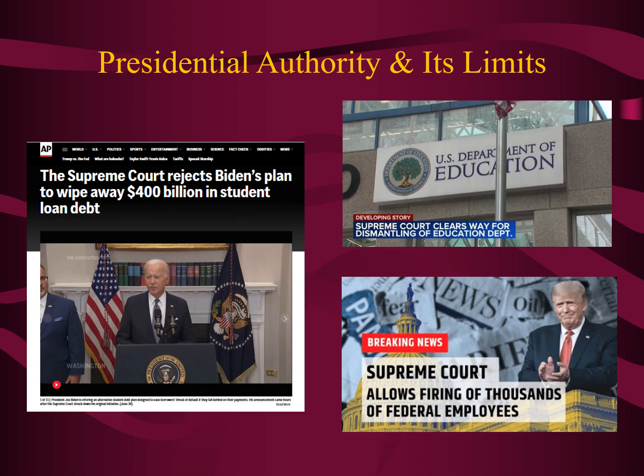The Trump administration has pushed the envelope even further. There are a range of examples of this, but one of the things that the Trump administration wanted to do was to fire thousands of federal employees. Also to essentially eliminate the Department of Education, even though the Congress had established it. In the case of the Biden administration, the court said, no, you can't do this.